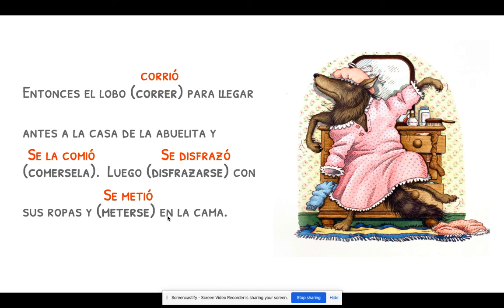Y se metió en la cama. Meterse means to get into. So he put himself in grandma's bed. So do you see how these four actions happen one after another? First, he ran in order to get to her house. Then he ate her. Then he dressed up like her. And finally, he put himself in her bed to wait for Little Red Riding Hood. 4 consecutive actions. 4 actions that move our story forward.